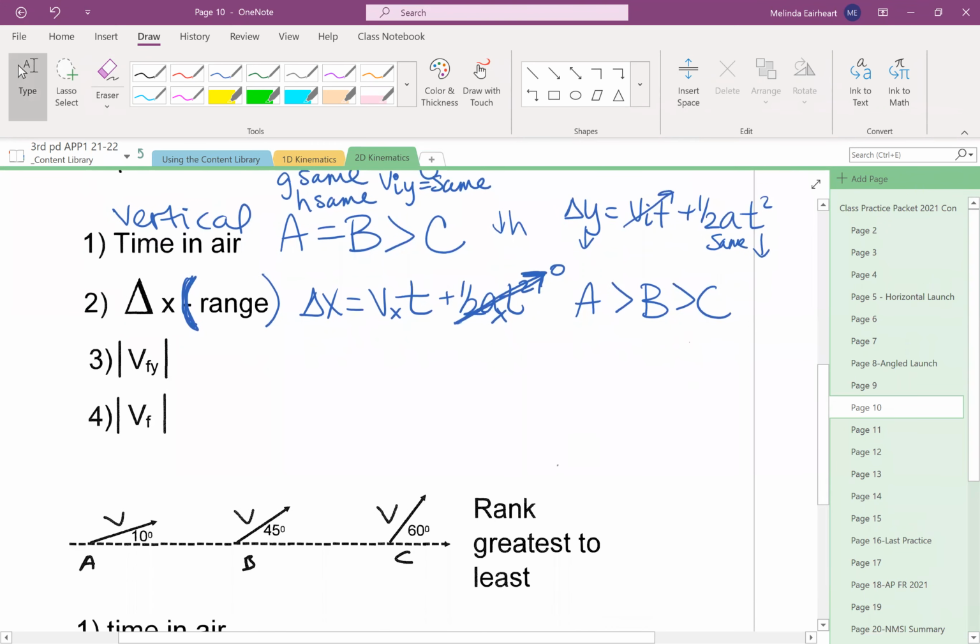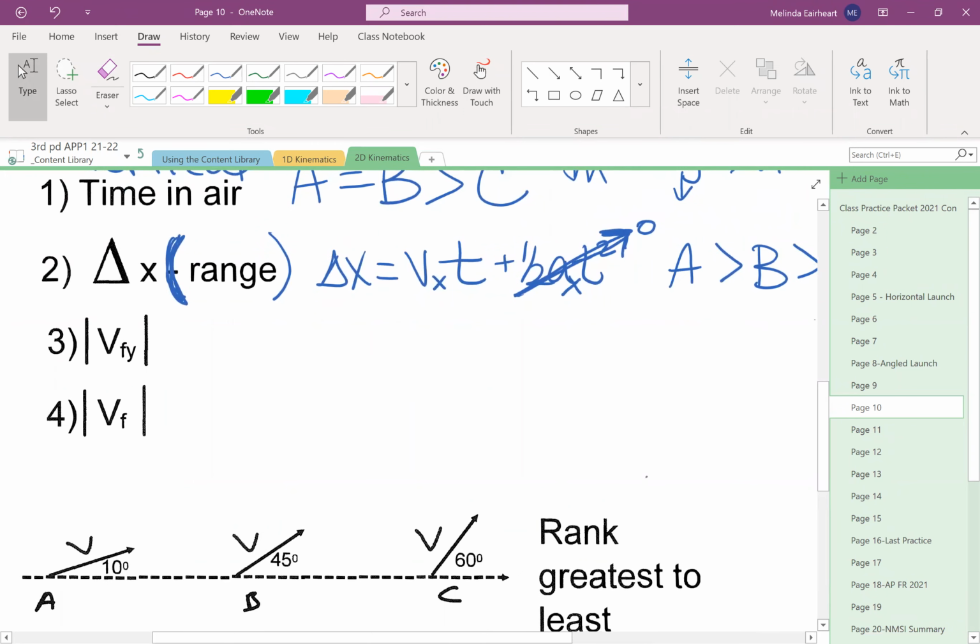And then 3 and 4 talk about v and then f, so final velocity. Number 3 has an extra subscript, y. So here we're just looking at vertical. Now, what are these things here? What are those parallel lines? Absolute value. So we're looking at, yeah, it's going down.